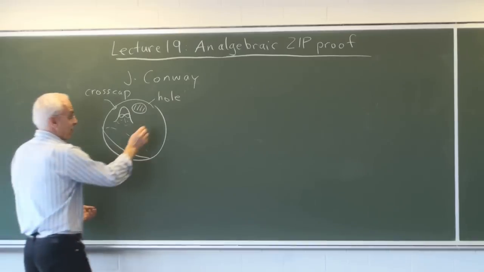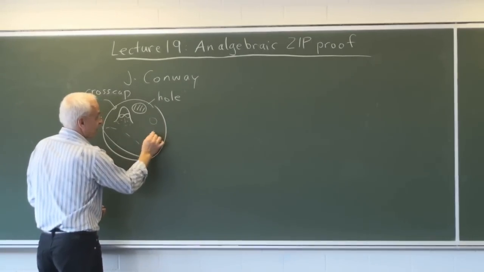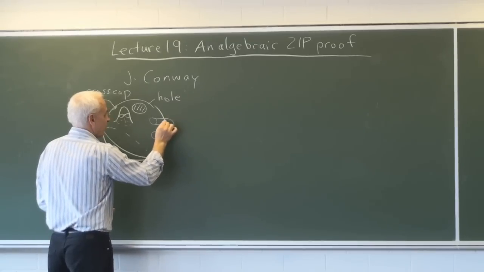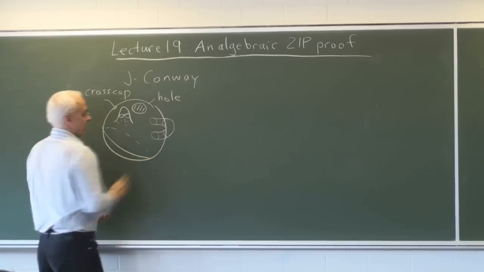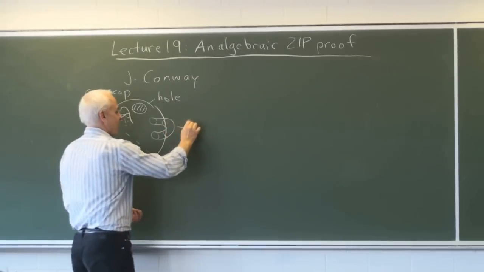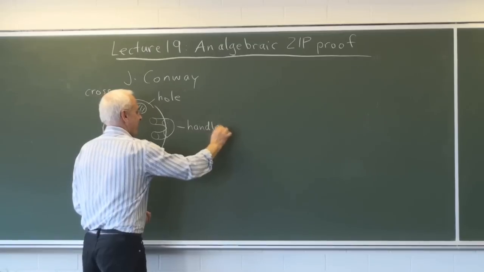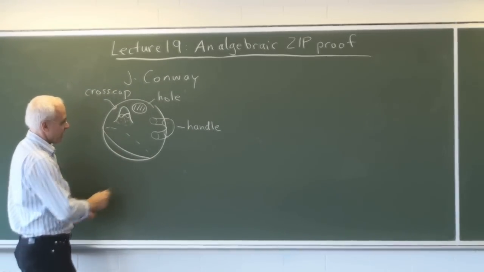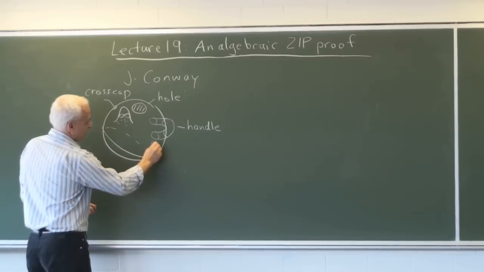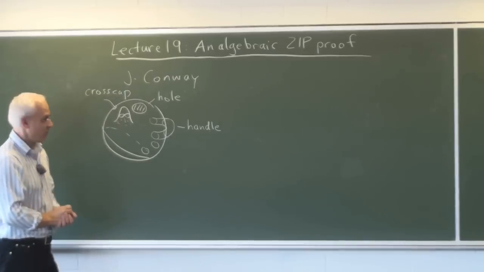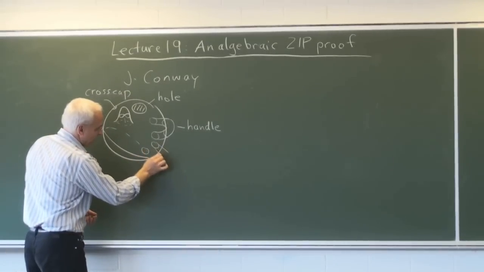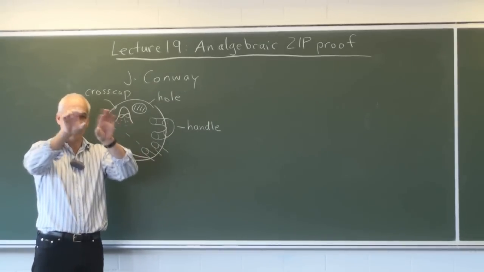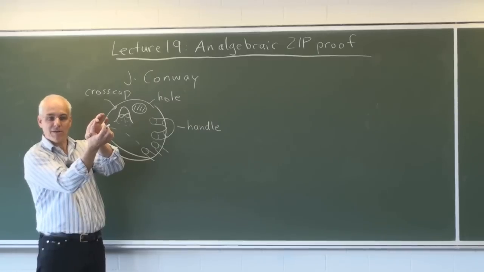Or maybe a handle, which we get by taking two little discs and making tubes up from each of them and then gluing those tubes together. There's a handle. Or another version of that is something called a cross handle, where you take the two holes on the sphere, imagine having two tubes coming up, and we're going to join them up, but now not in the way we make a torus, but rather in the way we make a Klein bottle.